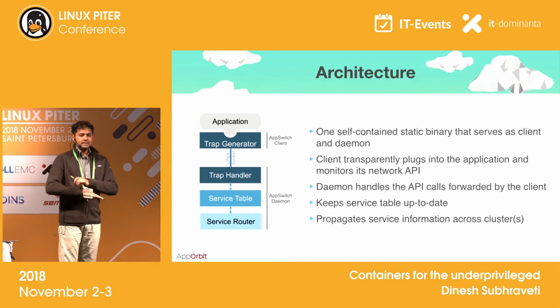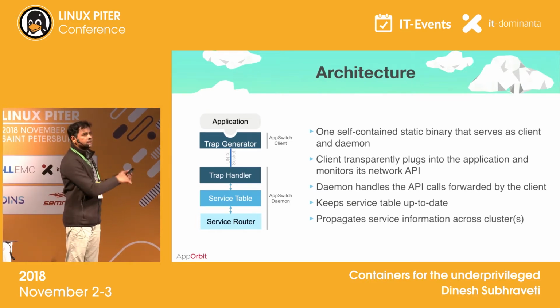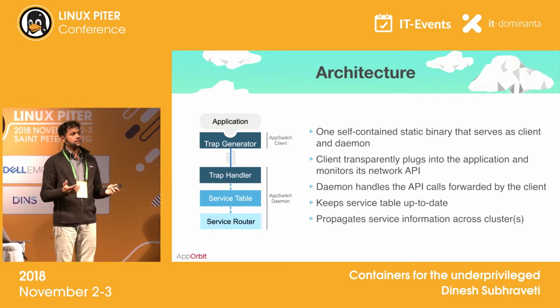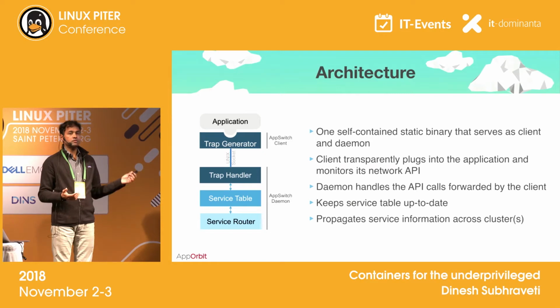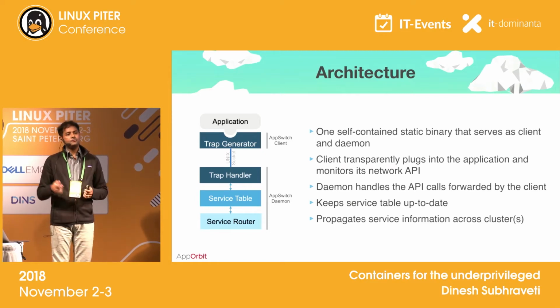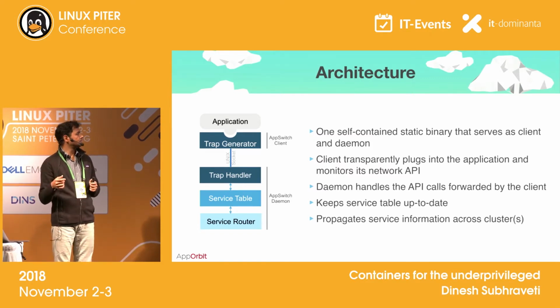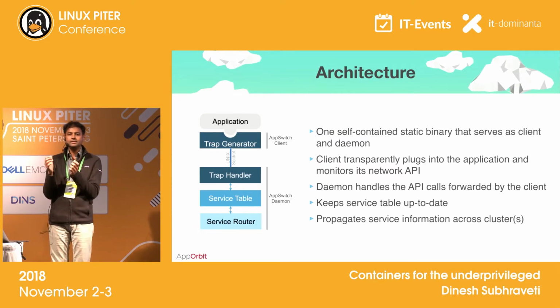And basically there is a cluster that has formed, and AppSwitch internally uses this gossip channel to propagate the existence of these servers. If there is a client on a different host that wants to connect to this server, it can do so by simply connecting to an IP address and a port.